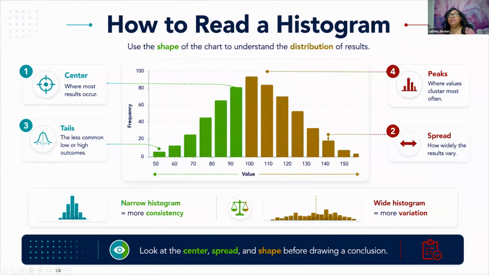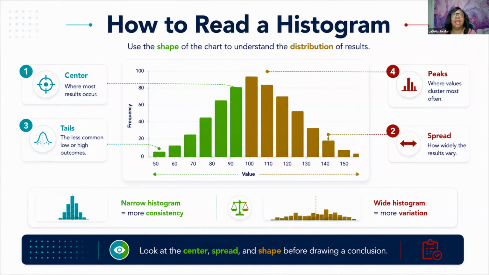So, how do we read a histogram? When reading a histogram, start with the center. Look for the section where the bars are the tallest. This is where the outcomes are more concentrated. Then look at the spread. That's how wide it is. A narrow histogram shows that predictions stay closer together. A wide histogram shows greater variation.